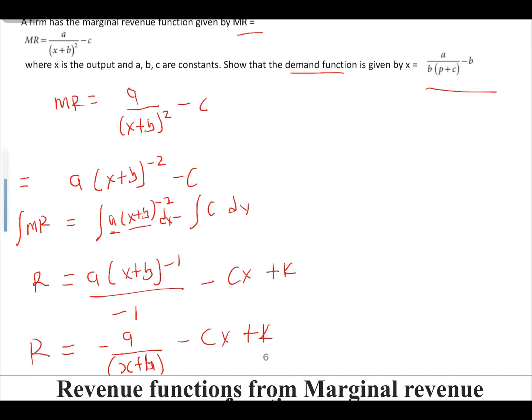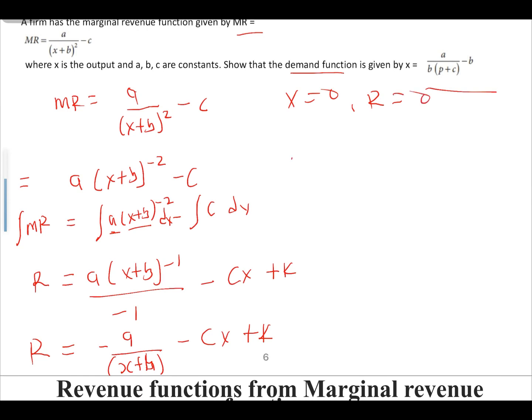When you have not produced any items to sell, you don't have any revenue to generate at the end of the year. Therefore, if X is equal to 0, my revenue is also equal to 0.